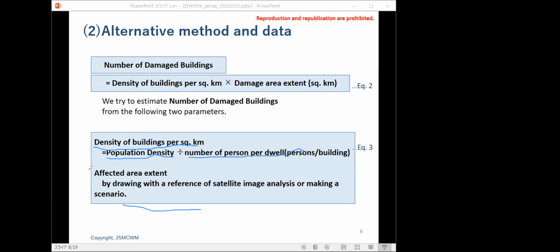And if we know the affected area extent by some tool, we can estimate the number of damaged buildings. And the affected area extent can be estimated by drawing with reference to satellite image analysis or by making a scenario.